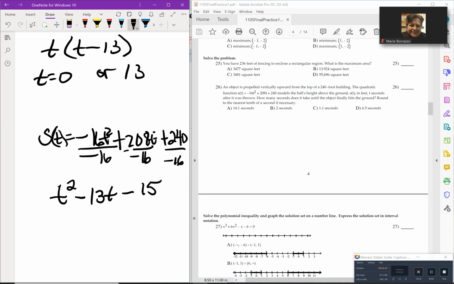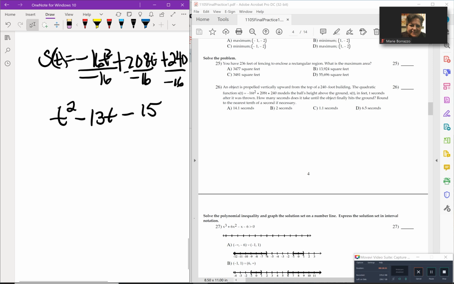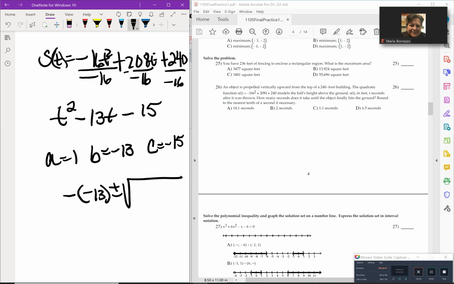And we're going to use the quadratic formula. I'm thinking a is equal to 1, b is equal to negative 13, c is equal to negative 15. We're going to use negative b, negative 13, plus or minus the square root of negative 13 squared minus 4 times 1 times negative 15, and all of this over 2 times 1.